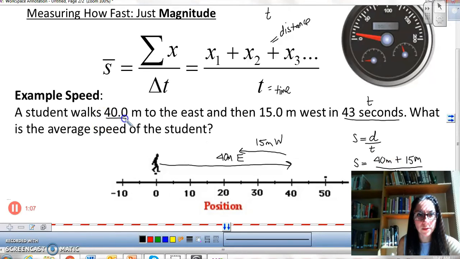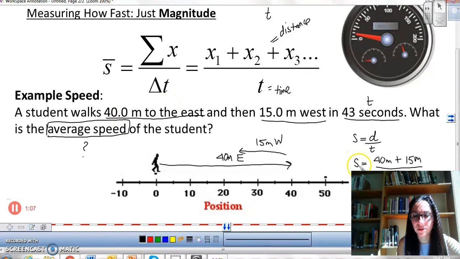So a nice thing to do if you're solving problems is underline your information and box the question. Or vice versa, you can box this and underline the question. Either method works. Just so you can pick out the numbers much easier as you solve these problems. So when you do that, you're going to get 55 meters divided by 43 seconds, like that.